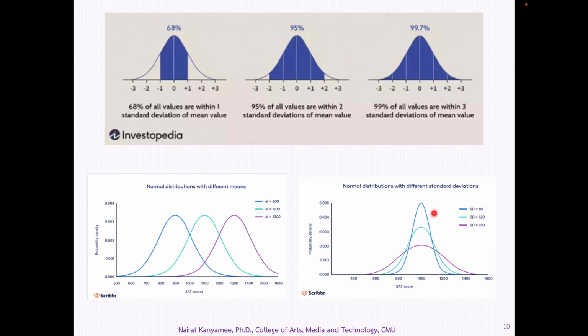The blue curve means the data cluster together in the middle more than the purple one, which is spread out and flattened. So this is the same mean with different standard deviation, and here is a different mean with the same standard deviation.